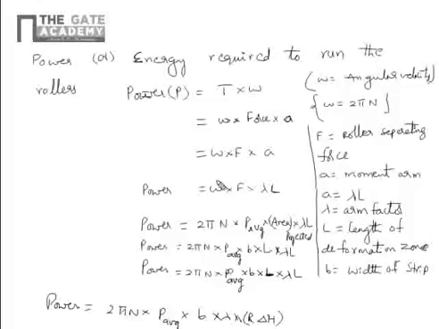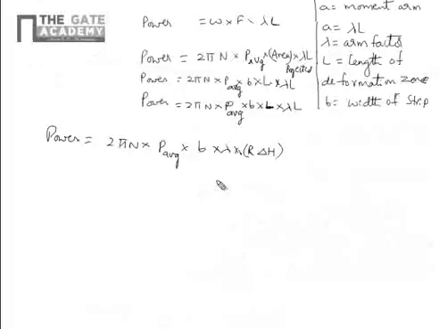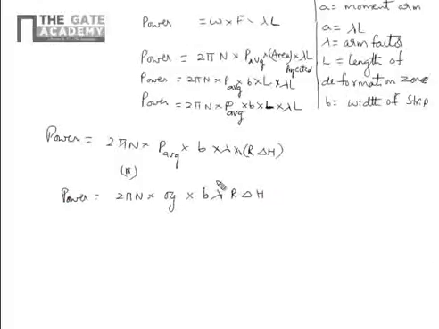Instead of pressure, sometimes they give the shear yield stress. Then this can be written as power equals 2 pi n into yield stress into B lambda root R delta H. So pressure is force by area, and stress is also force by area.